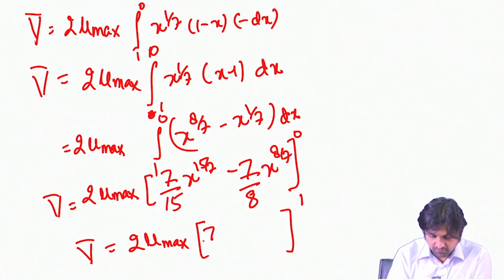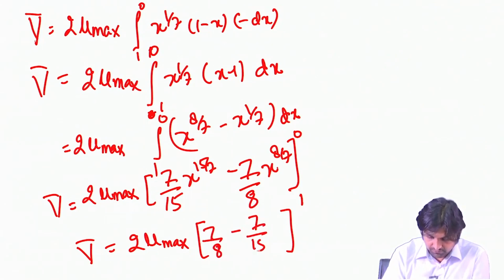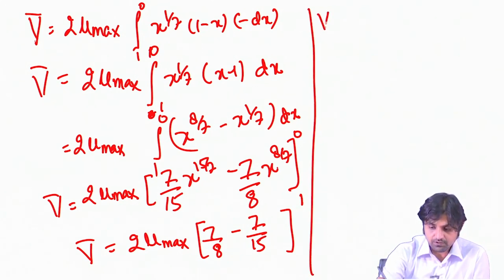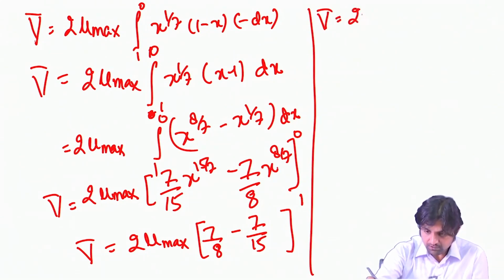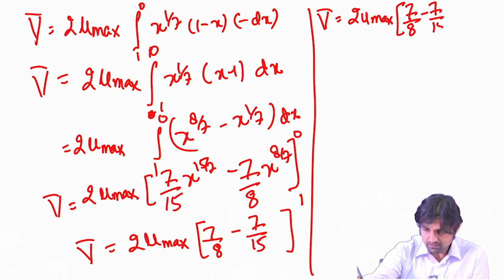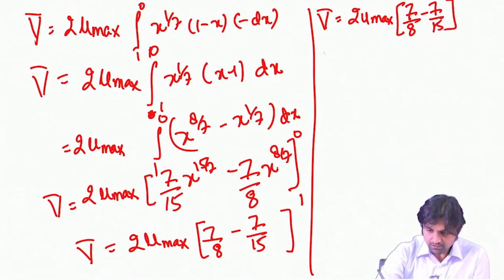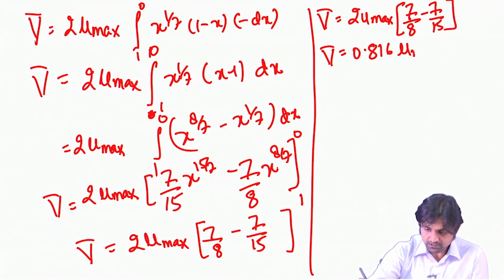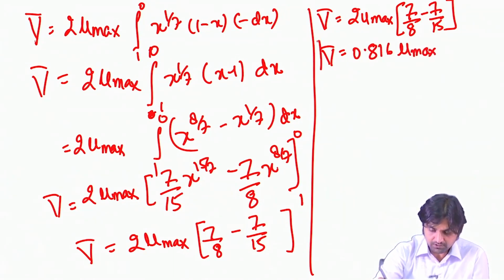So, it will be 7 by 8 minus 7 by 15. So, V bar will be written as 2 u max into 7 by 15 by 8, and V bar is going to be 0.816 u max.